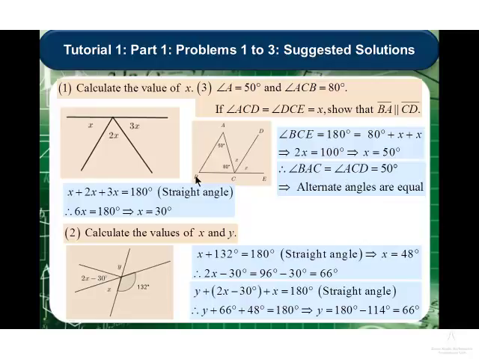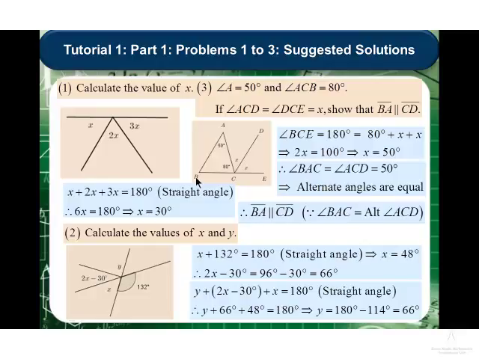We were given that angle BAC is 50 degrees. We've just calculated the unknown angle x to be 50 degrees, and we have then alternate angles in the case of line segments BA and CD. And this really means that the two line segments BA and CD must be parallel.